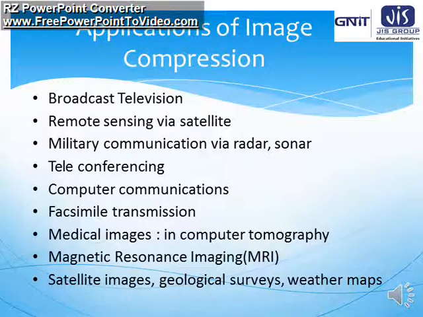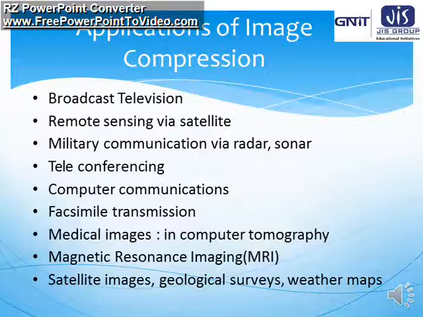These are the different application areas for image compression techniques: broadcast television. All the programs that are transmitted or broadcast to television use image compression. Remote sensing via satellite also uses the image compression process.